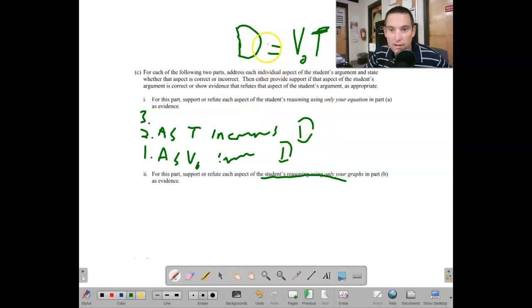And you could say it's a linear relationship, it's a proportional relationship, whatever word you want to use. Not that linear and proportional are the same thing, right? Proportional goes through the origin, whereas linear can start anywhere.